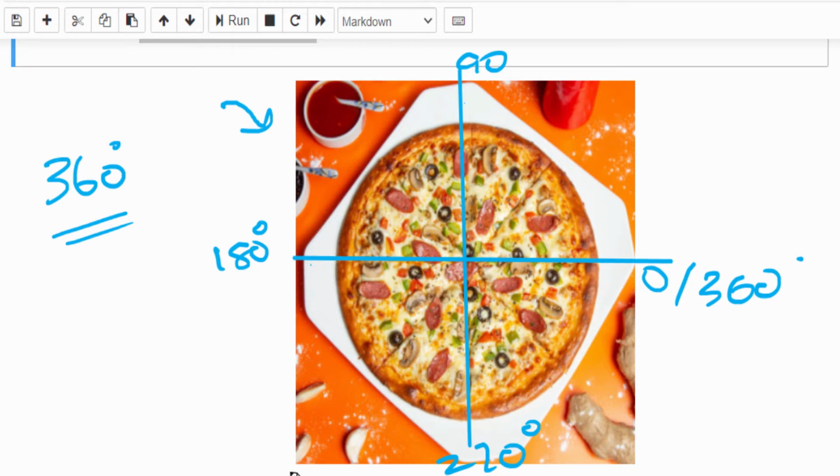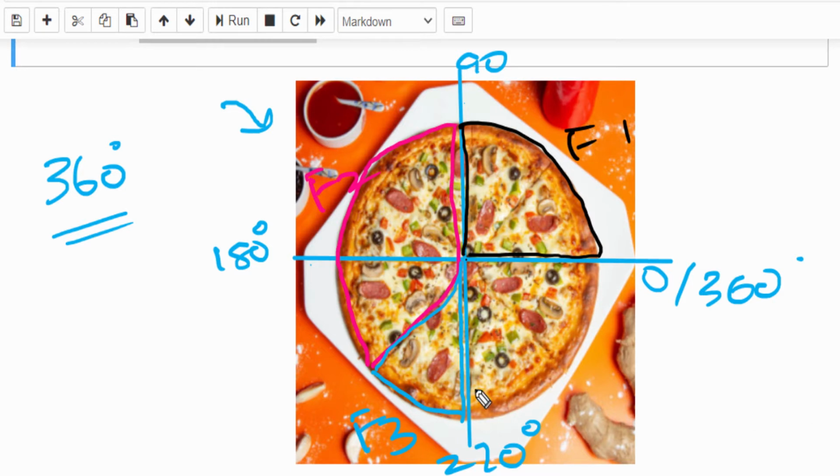Now we can slice this pizza into pieces as per our requirement. For example, this portion is for friend 1, and then this particular portion is for friend 2, and this particular portion is for friend 3, and this portion is for friend 4.